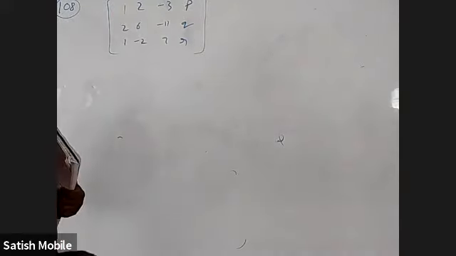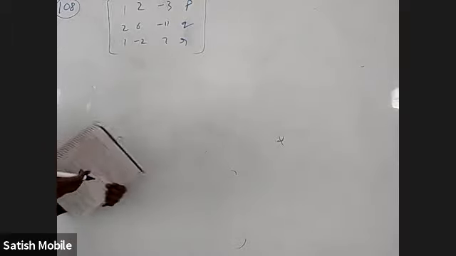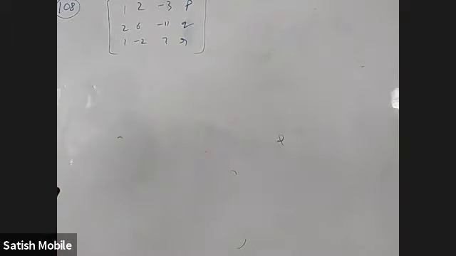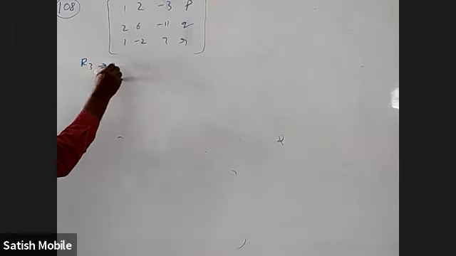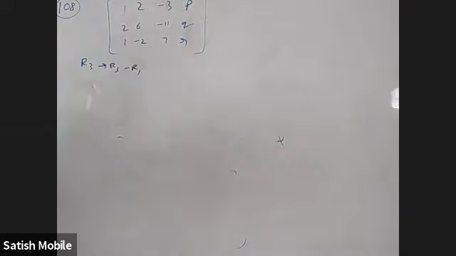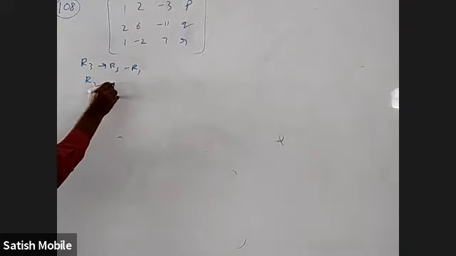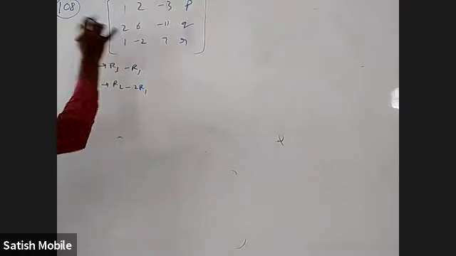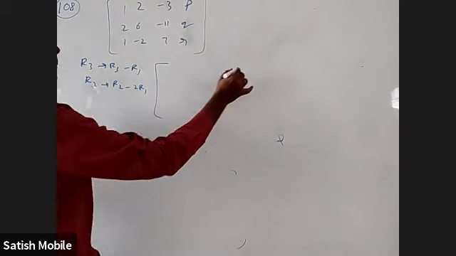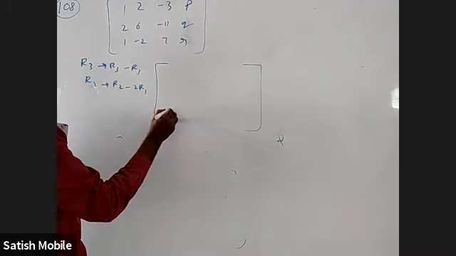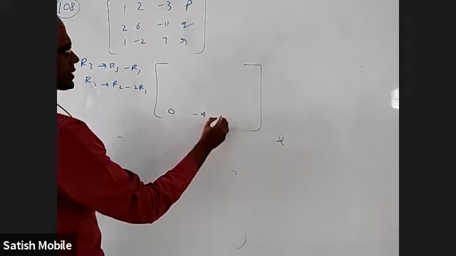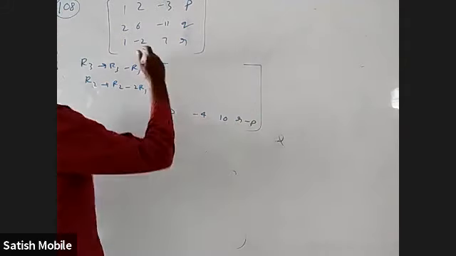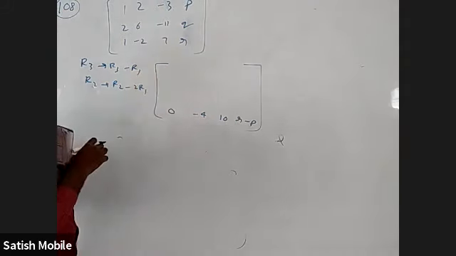Okay, so this is the augmented matrix directly I'm writing. Let us see if we can convert R3 as R3 minus R1 to convert this into 0. R2 as R2 minus 2R1 to convert this into 0. This is 0, minus 4, plus 10, R minus P. From this I am removing this.